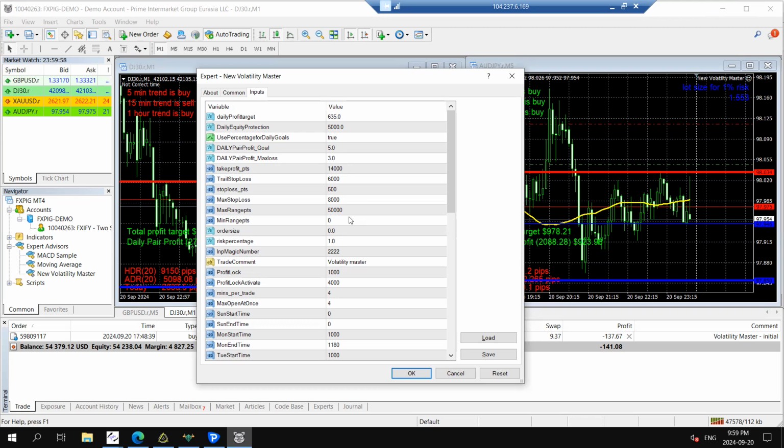And also on the note of what settings to use, the settings that I share, the default settings, any other TVL files or template files that I share, they're settings that I use and they work and you're more than welcome to use them, but I wouldn't limit yourself to only using those.